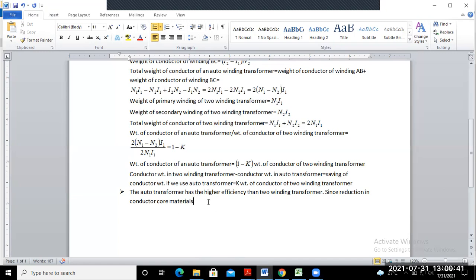That's why the efficiency is higher in auto transformer compared to the two winding transformer.